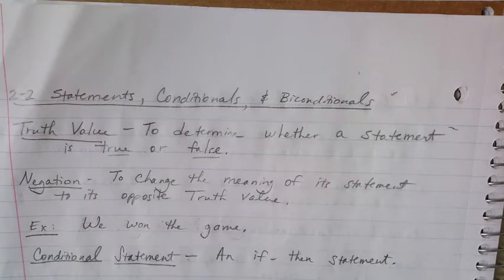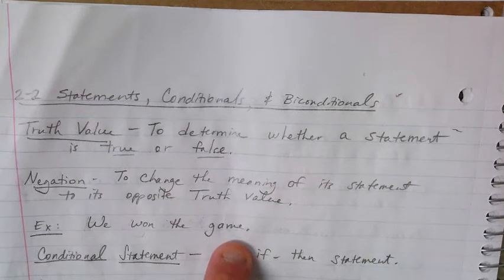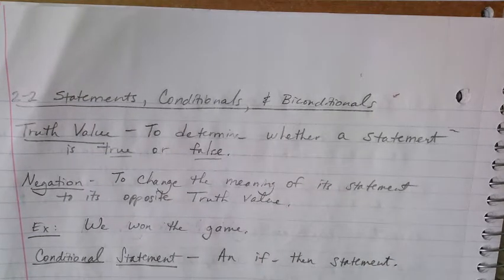The negation of a statement is to change the meaning of the statement to the opposite truth value. So for example, I wrote down here, we won the game. Well, the opposite of that would be, we did not win the game. What it really means when it says the negation is to make it the negative form of what you presently have.